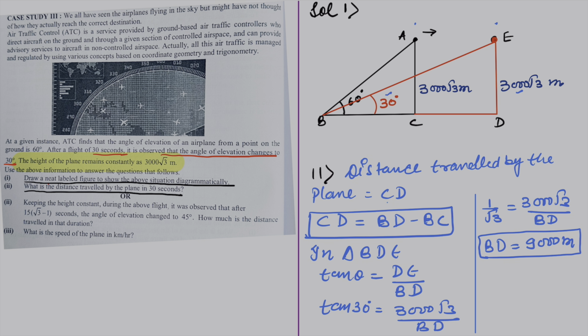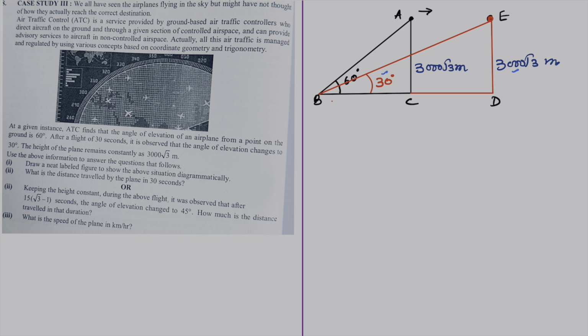Now what we have to find? We have to find BC to get CD. Now to find the side BC, we are going to consider the triangle ABC. So in triangle ABC, we are given AC and we have to find BC. So AC is perpendicular because it is in front of the given angle, and BC is the base because side BC is adjacent to the given angle.